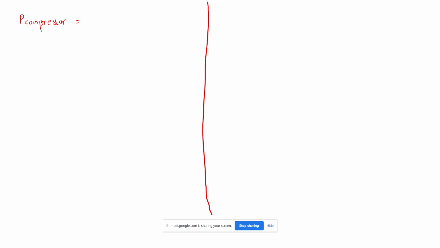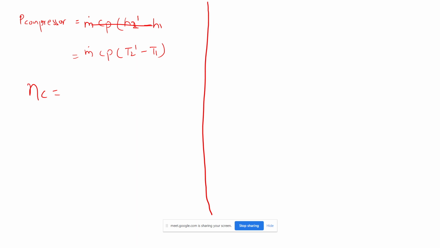Now the power of the compressor will be m dot into Cp into H2 dash minus H1. No, wait, it will be m dot into Cp into T2 dash minus T1. Now what is given in the question is the isentropic efficiency of the compressor.